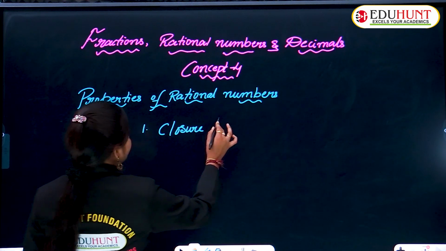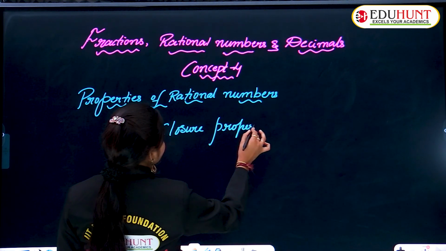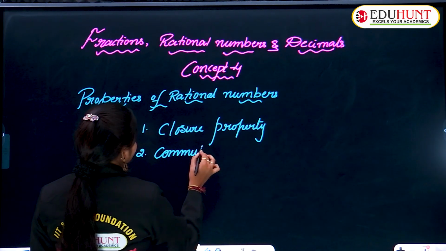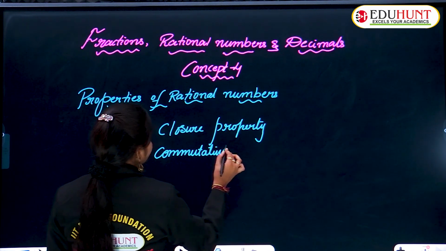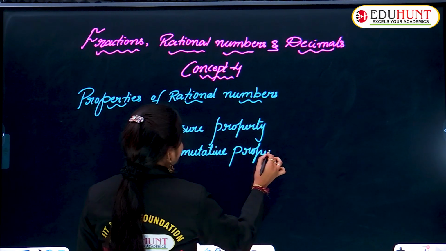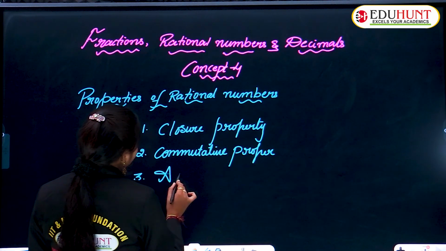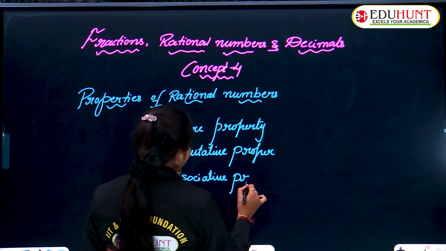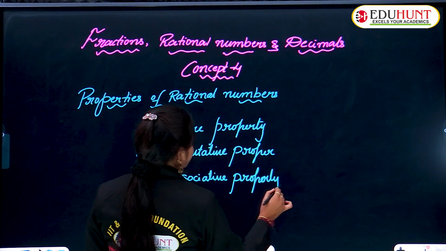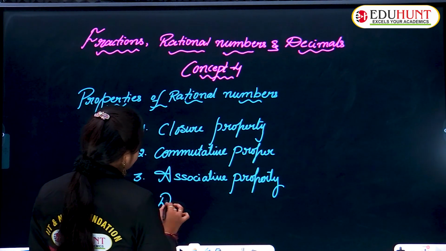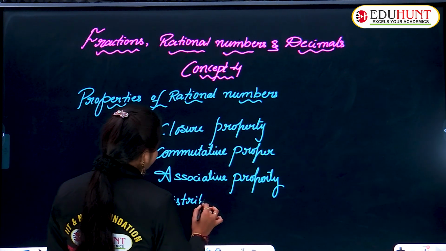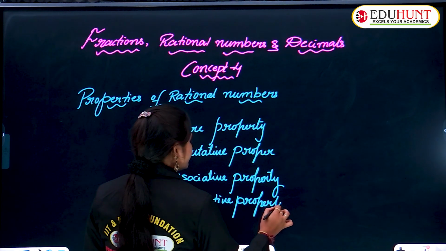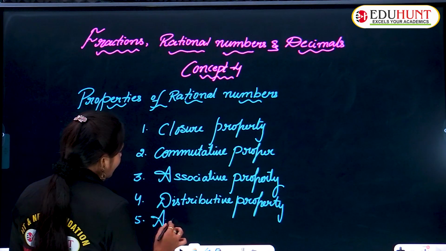What are those? Closure property, commutative property, associative property, the fourth one distributive property. After this we have additive identity.